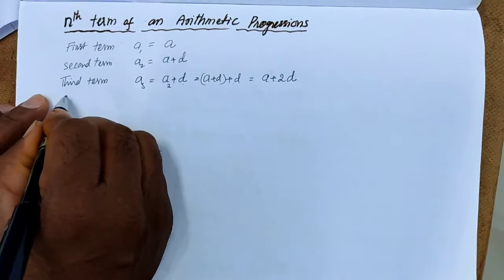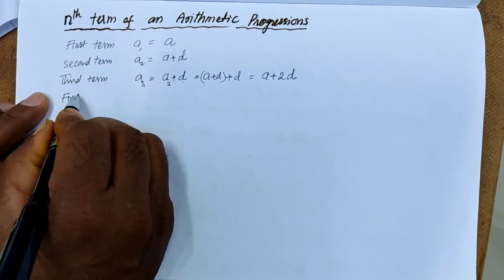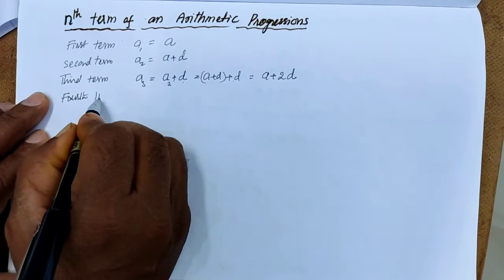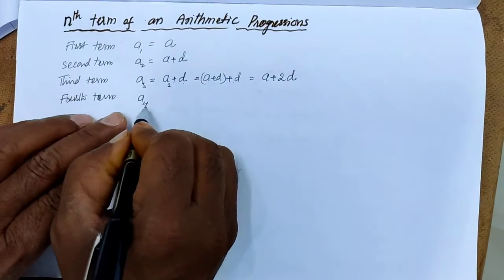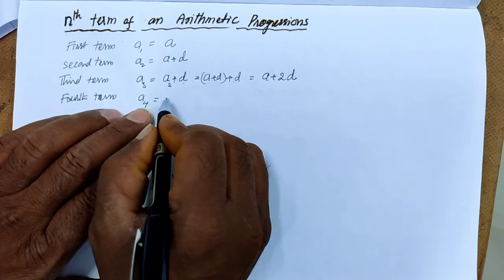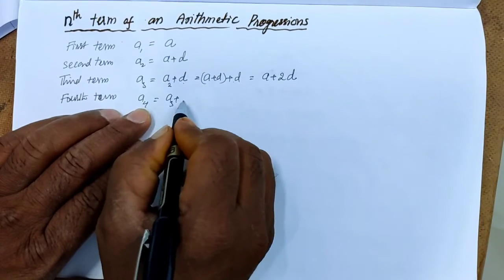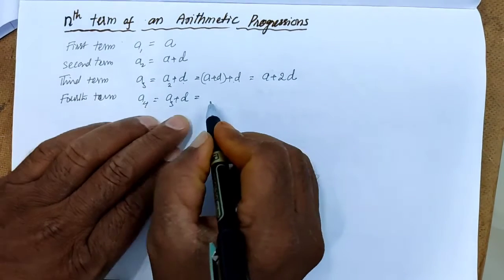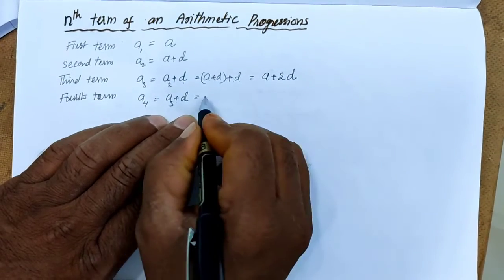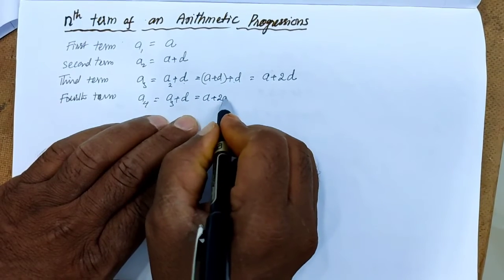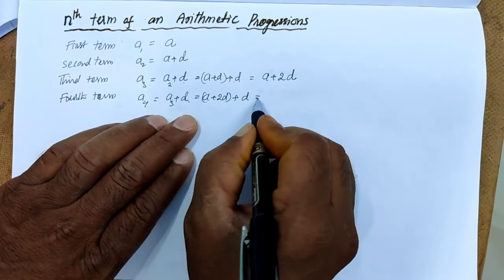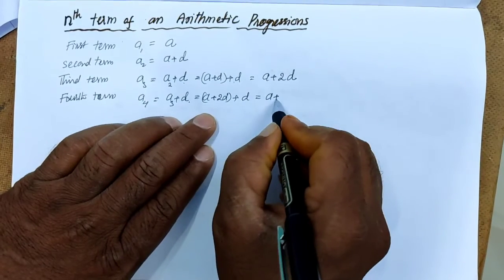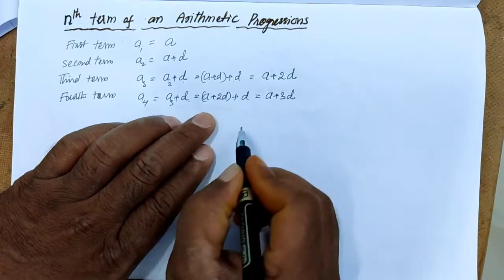And fourth term a4 is third term plus common difference. The third term is a plus 2d, plus common difference, which is equal to a plus 3d.